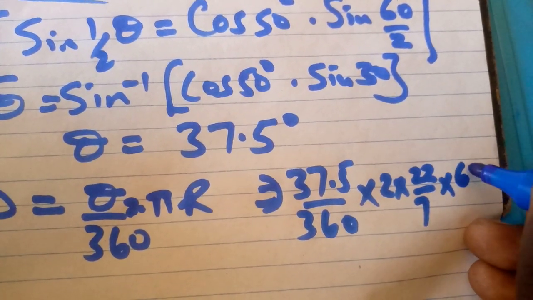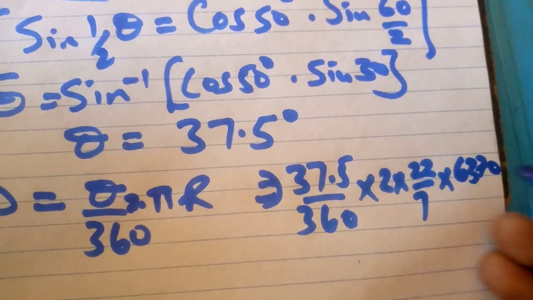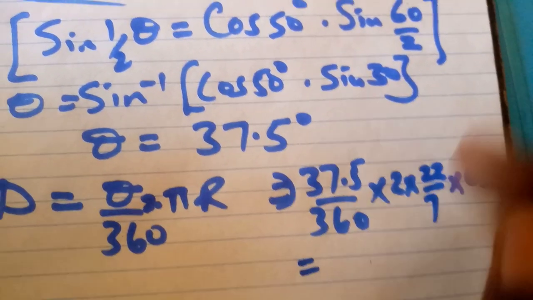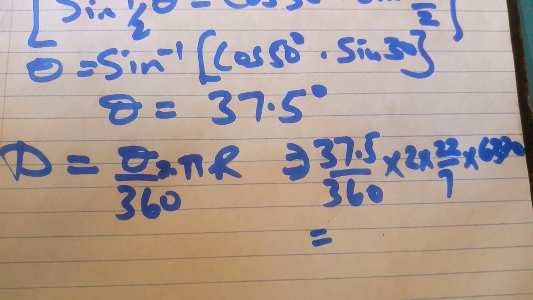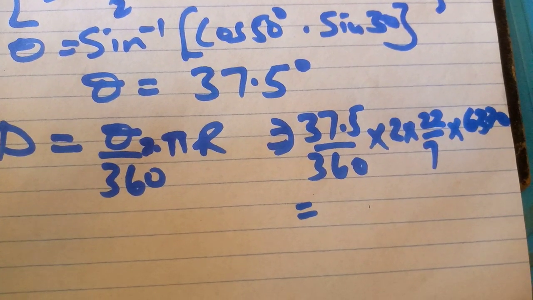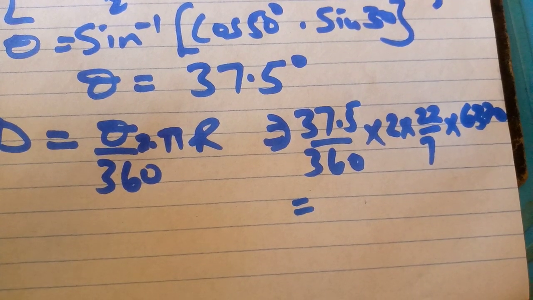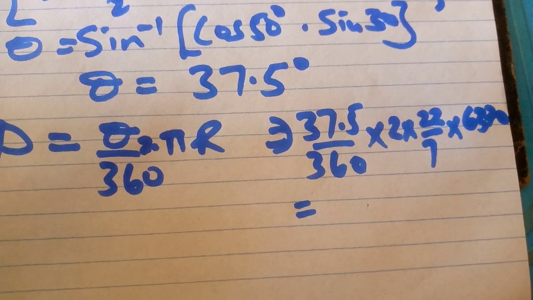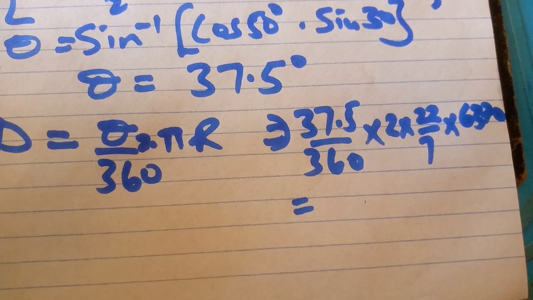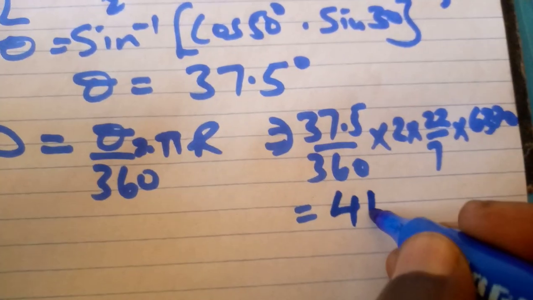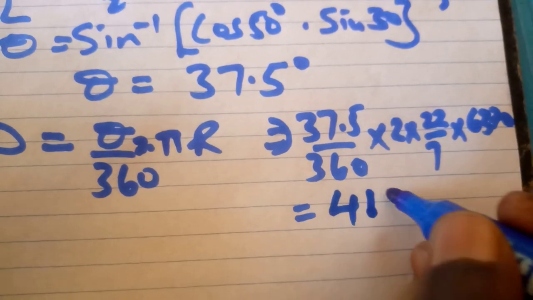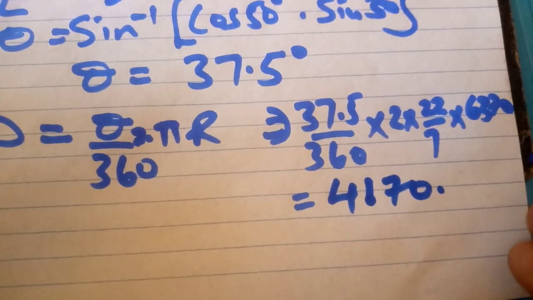I took it as 6370. And when you compute it using your calculator, you get your answer as 4170.83.